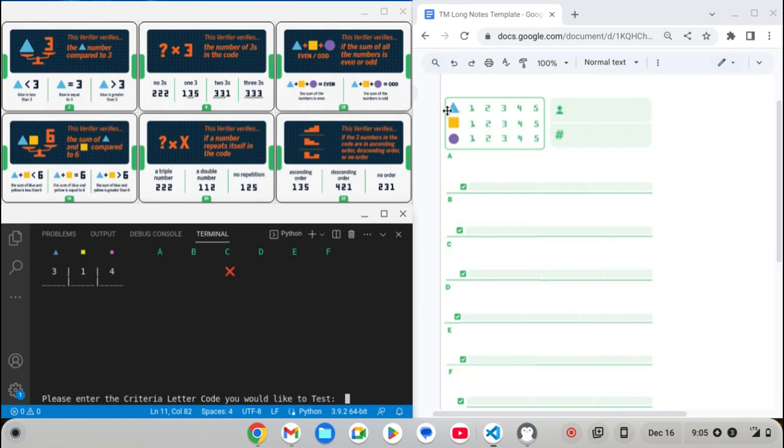So let's go ahead and type that up in our notes in section C. And again, we'll say that triangle plus square plus circle should be an odd quantity.